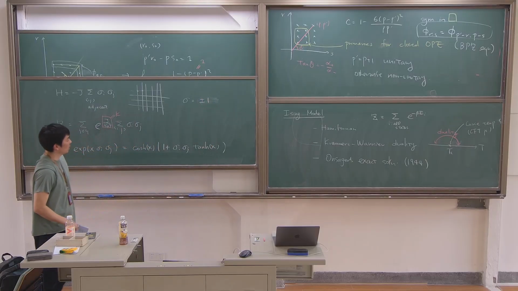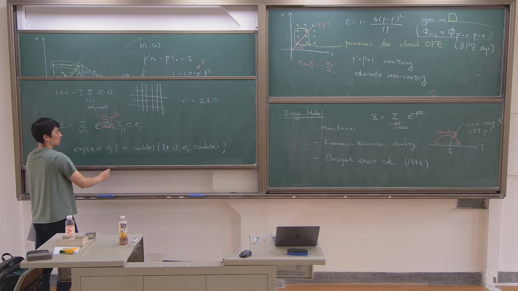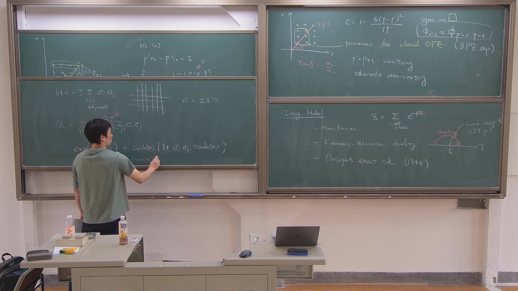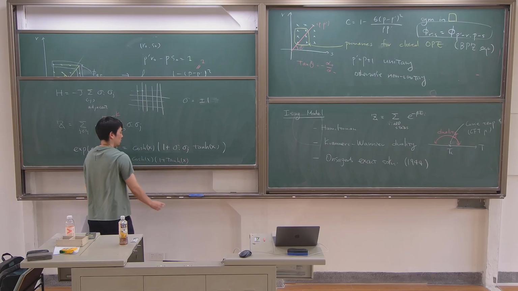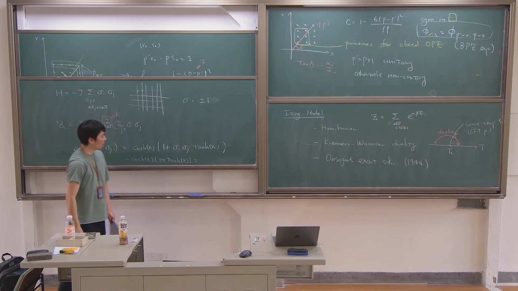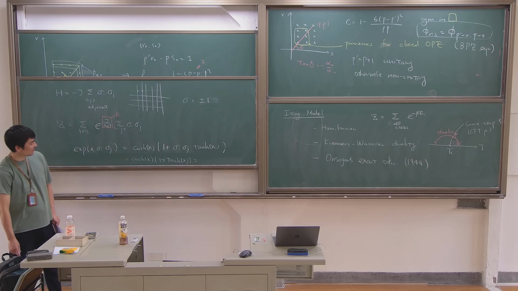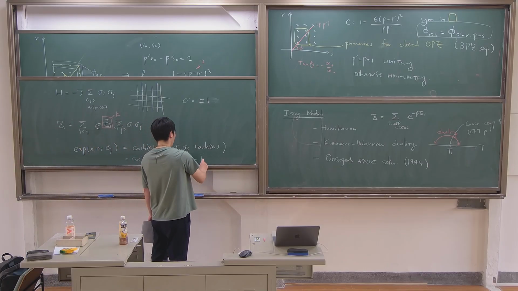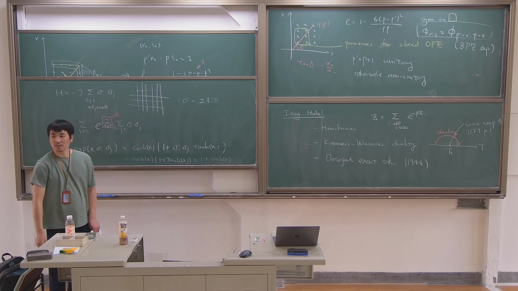Sigma is plus or minus 1. And then suppose this one is plus, what's going to happen? It is equal to cosh x times (1 plus tanh x). Okay. And 1 plus tanh x is what? Is it correct?